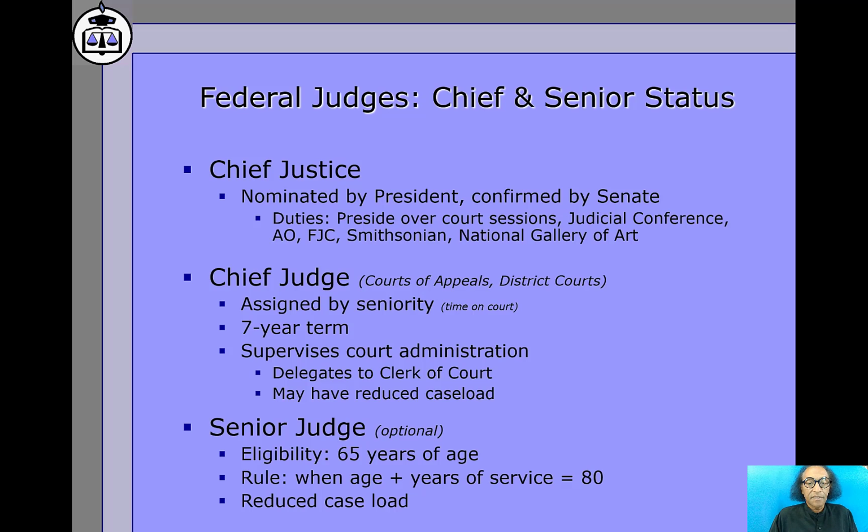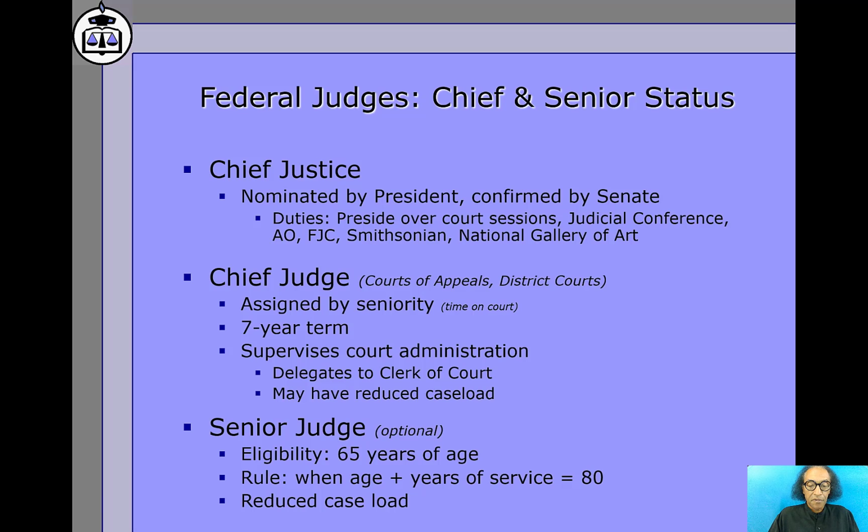So basically, the Chief Justice is kind of the head of the Supreme Court, and also manages the court's affairs, as it were. In the Courts of Appeal, you have the Chief Judge, basically normally assigned by seniority, the person who's been there the longest period, and a Chief Judge serves for 7-year terms and supervises court administration, including clerks of court and so forth.